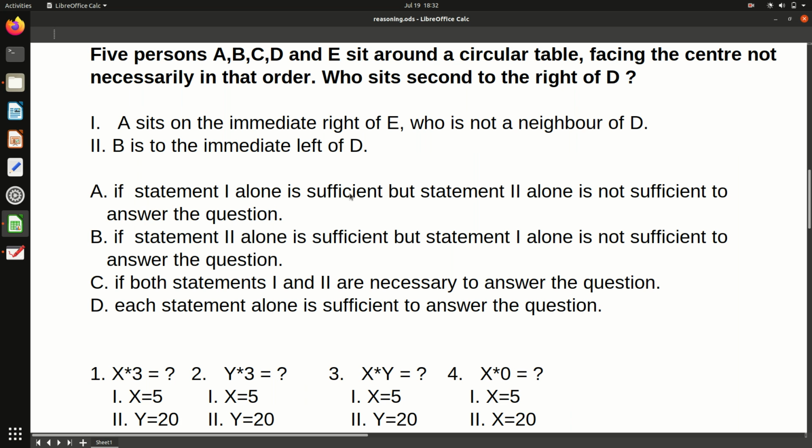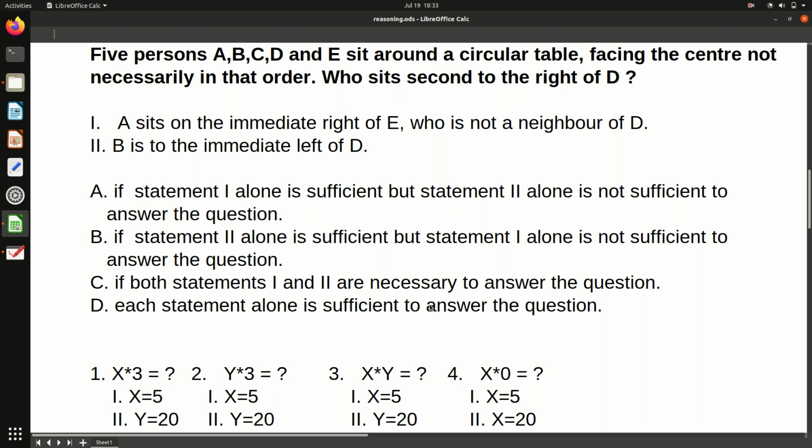If statement 1 alone is sufficient but statement 2 alone is not sufficient to answer the question, means out of these 2 statements it is saying which one is sufficient to answer this question. Second option is if statement 2 alone is sufficient but statement 1 alone is not sufficient to answer the question. Option C, if both statement 1 and 2 are necessary to answer this question.